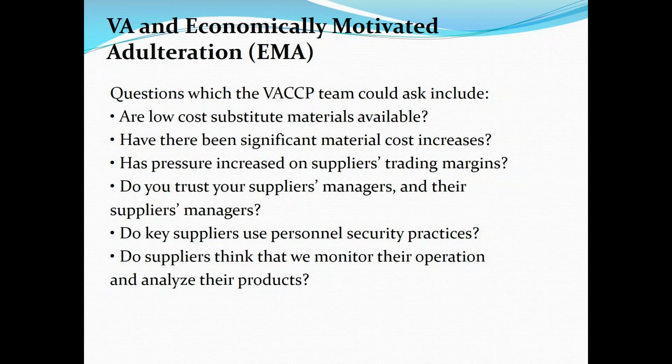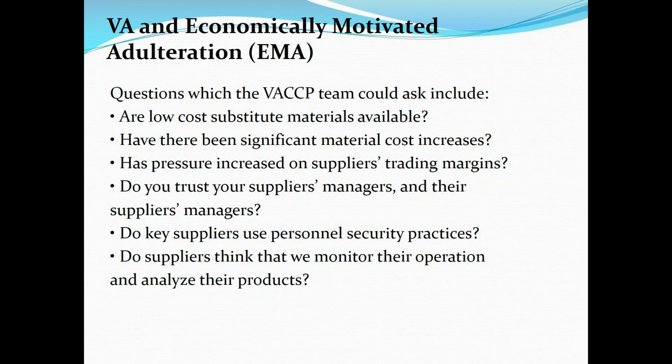The VACCP team needs to be alert to the availability of such alternatives. An example where this may happen is when added value is claimed. Say, for instance, somebody is claiming organic, non-GMO, locally grown, free range poultry, and things like that. These are some examples of added value claims.